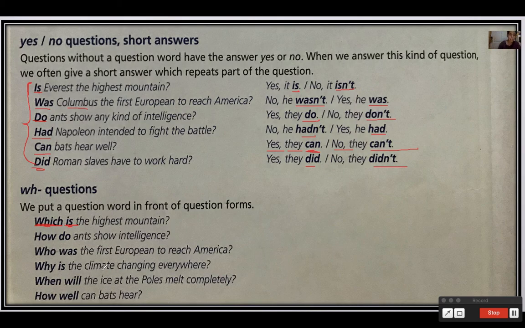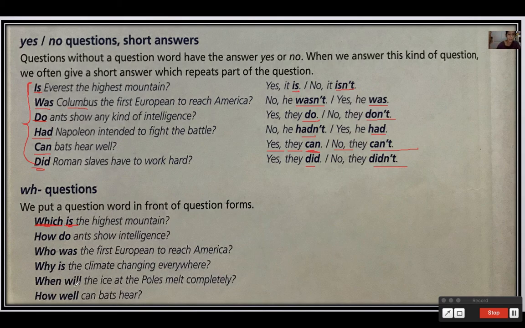Why is the climate changing everywhere? The climate is changing everywhere because of global warming and because we are making a lot of pollution. So you are giving more information about it.